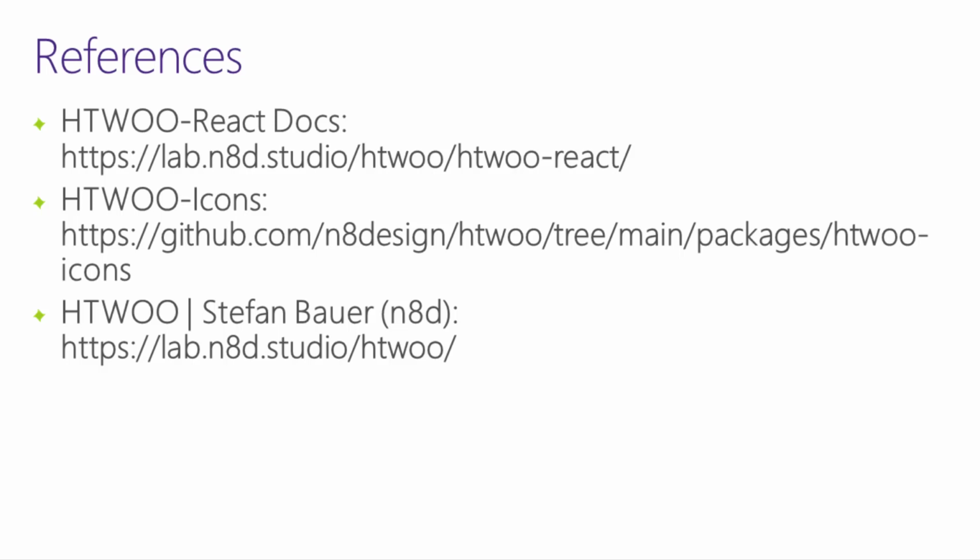The icons are at GitHub. So just go to GitHub n8d design H2O, and you can go down through the packages H2O icons to find those icons files. And then again, the base documentation for the H2O design patterns are right there at the root of that n8d studio URL.